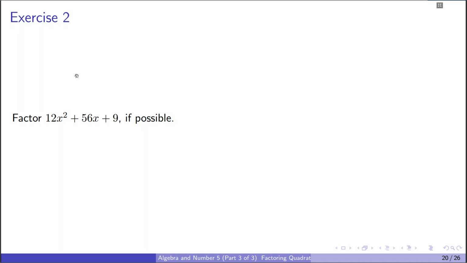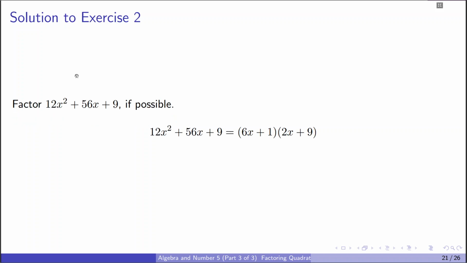Exercise 2, 12x squared plus 56x plus 9. Pause now, take the time you need. Right, unpausing. This one does work out with 6x plus 1 and 2x plus 9.